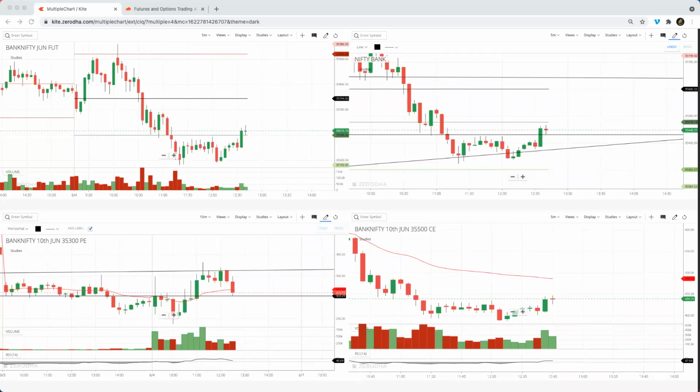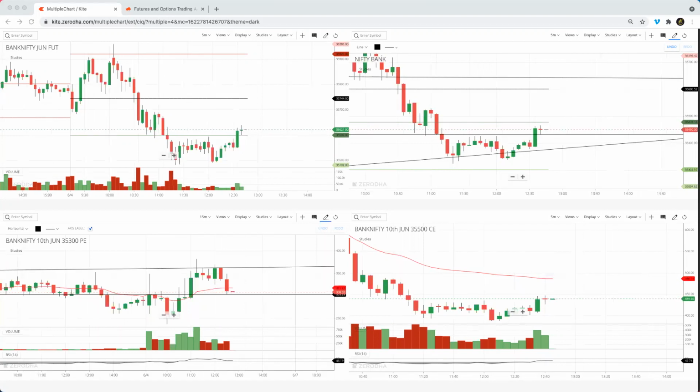There are many people who have already taken a long. Durgesh, Kaustup, Rishabh, everybody is on the long side. So guys, the volume is gradually building up. Now there is no need to wait much.